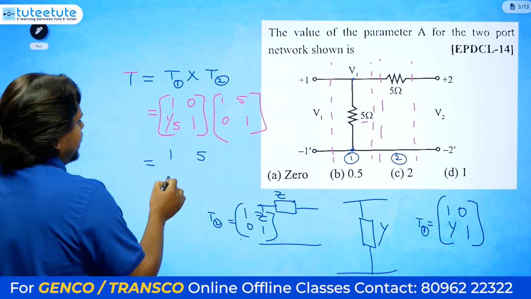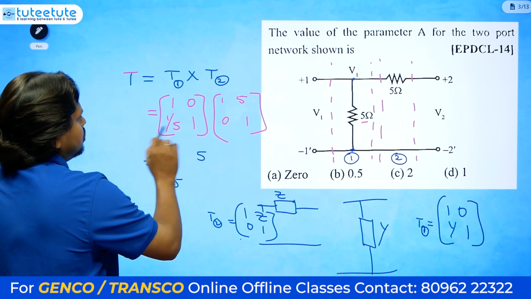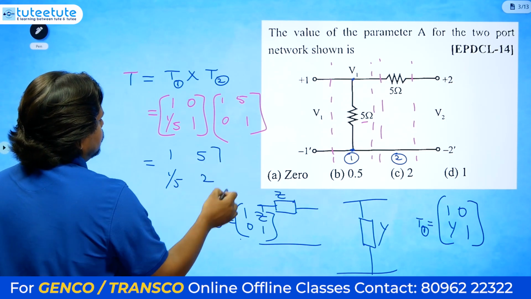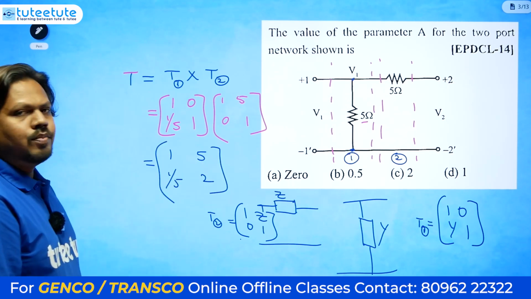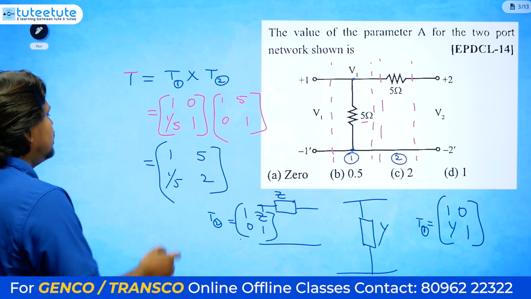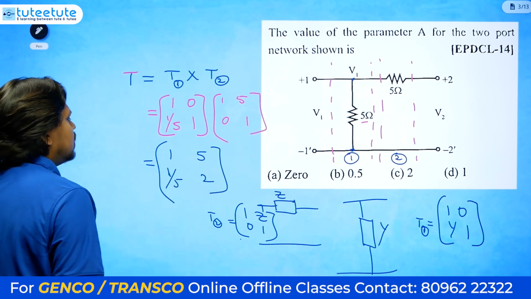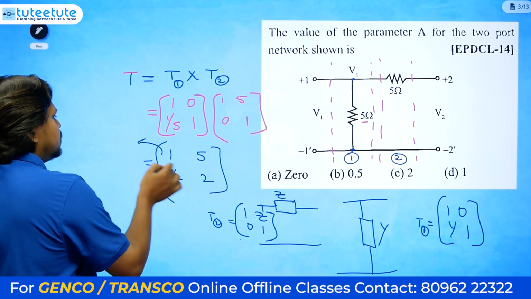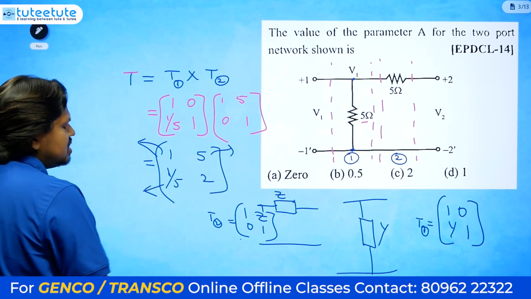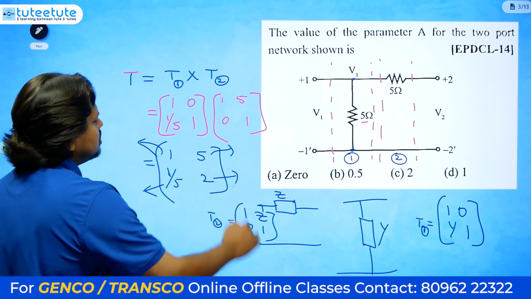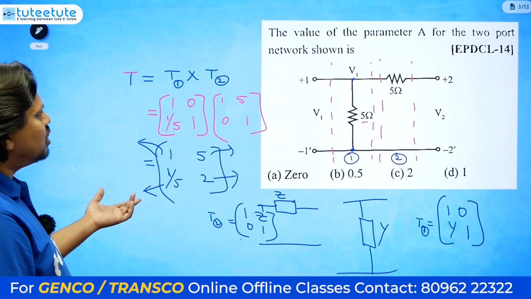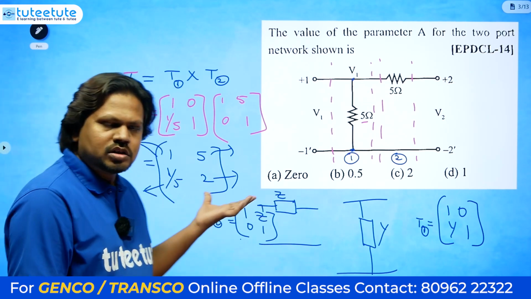Then 1 by 5 and next one is 0, and next 1 plus 1 is 2. So this is the complete ABCD parameters of the entire two-port network. Here A parameter is 1, B parameter is 5, C parameter is 1 by 5, and D parameter is 2. Here I didn't even use minus signs, and I got this answer.